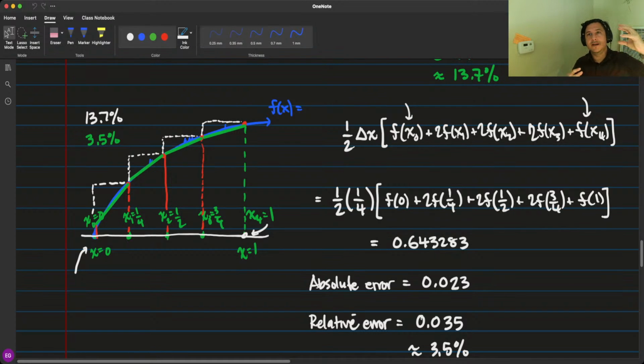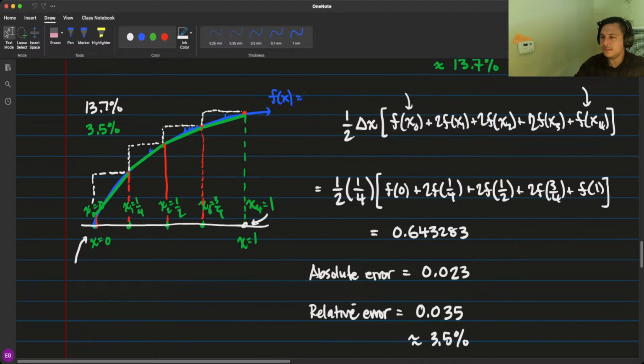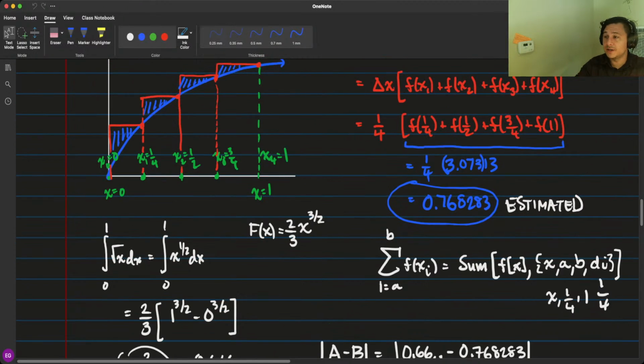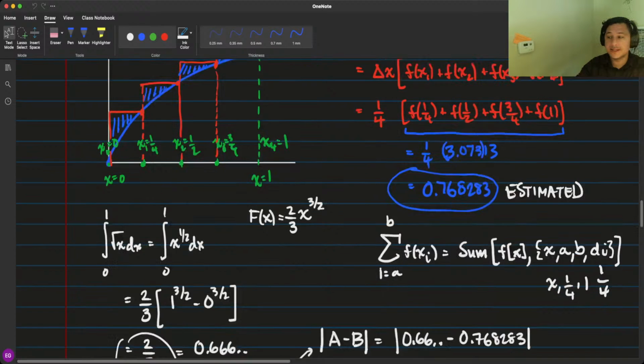What is the estimation that the Riemann sum would give you, and then what's the estimation that the trapezoid rule would give you? So we found out that the actual area under this curve was 2/3, and when we calculated the Riemann sum, we got 0.76.